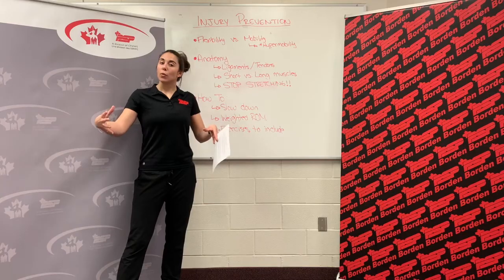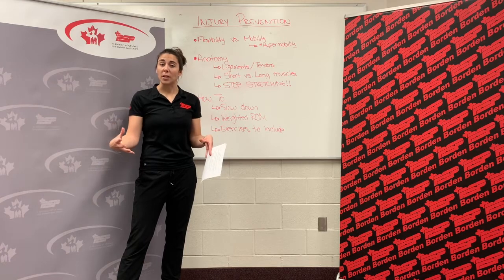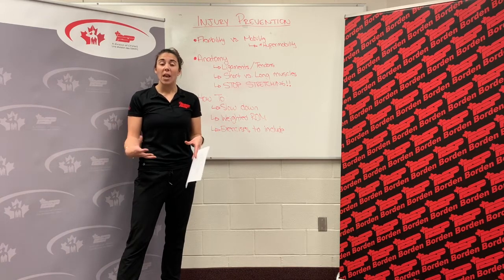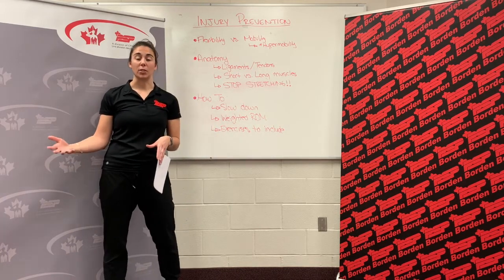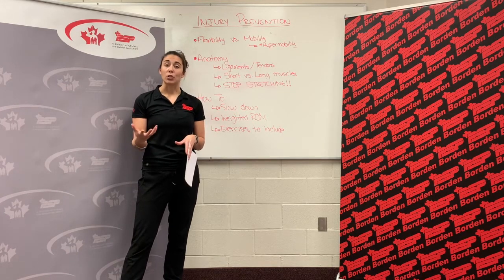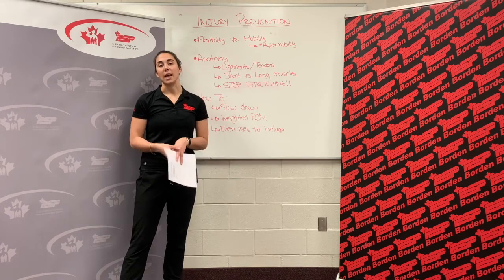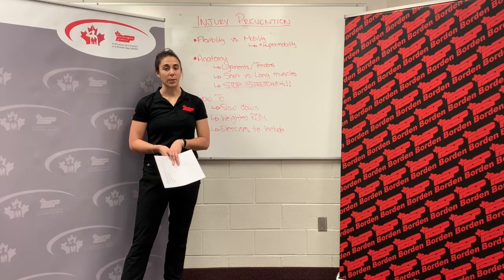Like if you can just move through that range of motion, but you don't have the strength within your joints and your muscles to actually hold that position, then you're going to be at a really high risk of injury. Whereas if you have the stability and the integrity within your joints in those ranges of motion, then you're going to be much less likely to have any sort of injuries.